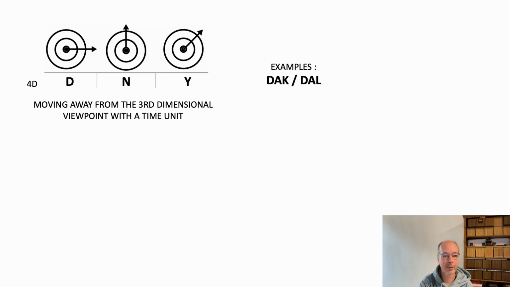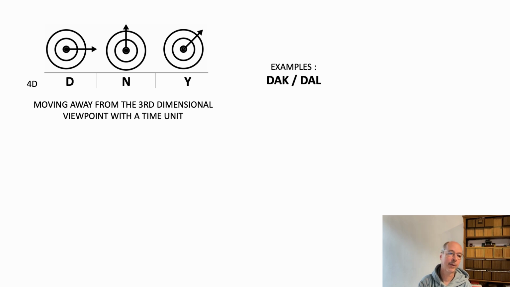I already explained in one of the former videos that the letters D, N and Y were already using the 4th dimension as the element of time, that something is moving away from the 3rd dimension viewpoint, and it needs the unit of time.